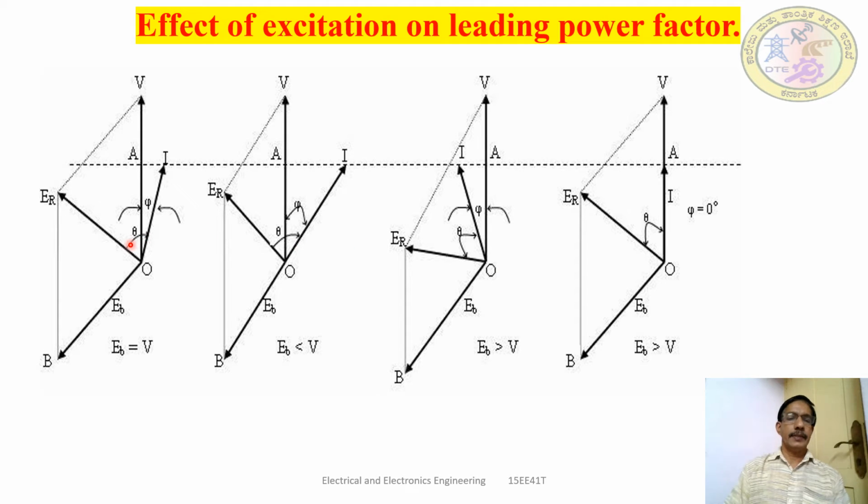Here excitation is normal excitation, EB equal to V. V is the supply voltage, EB is the back EMF, I is the armature current, ER is the resultant voltage, phi is the power factor angle, theta is the internal angle.